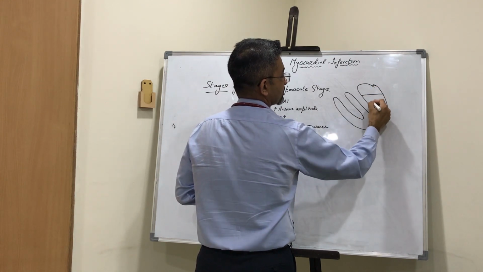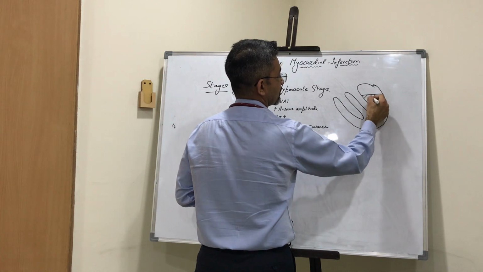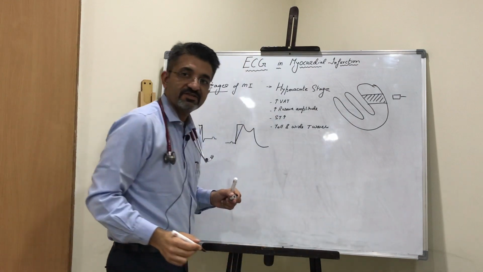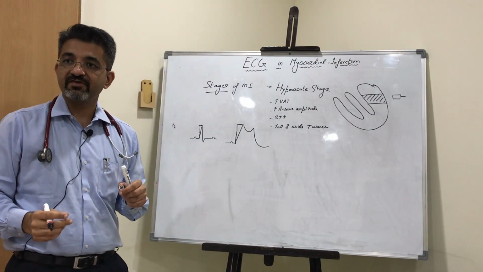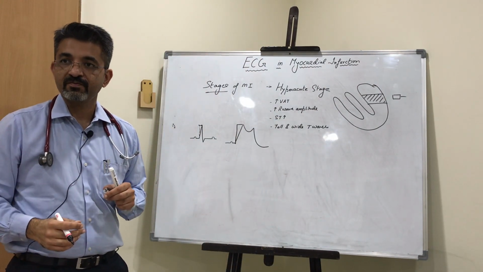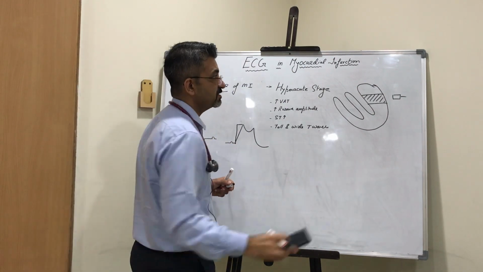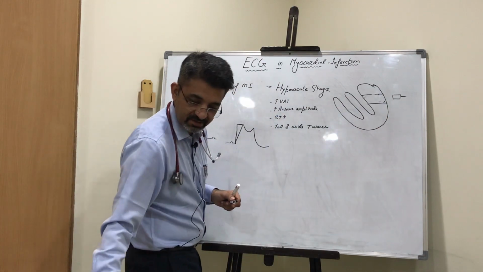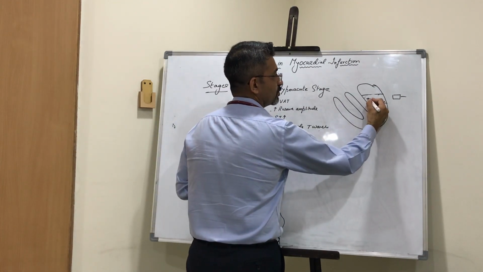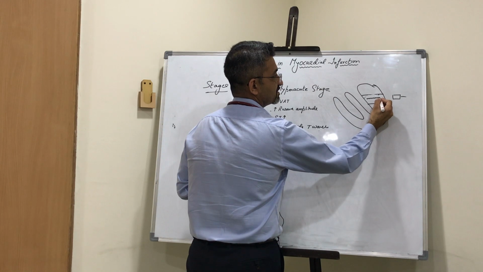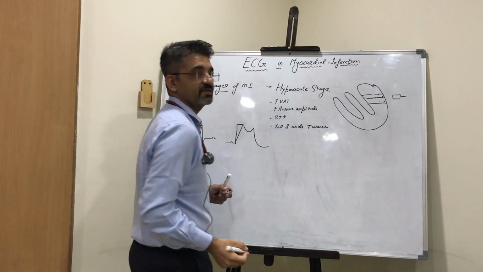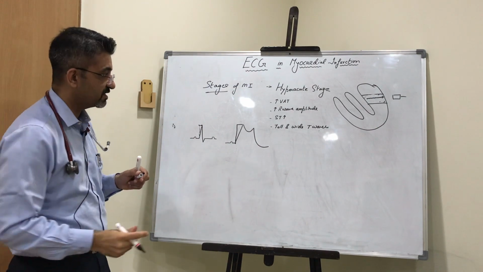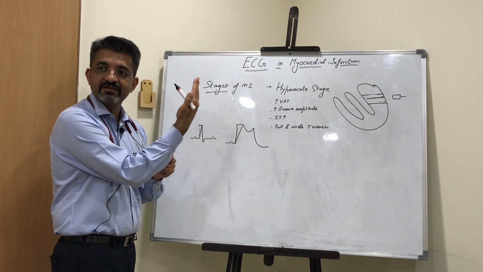Suppose I have an infarction here in my left ventricular free wall. This is V6. Whenever infarction occurs, that doesn't mean that electrical current will stop flowing immediately. So it is flowing, but a bit slow. It takes time to reach the epicardial surface, and that is the reason my R wave shifts like this.